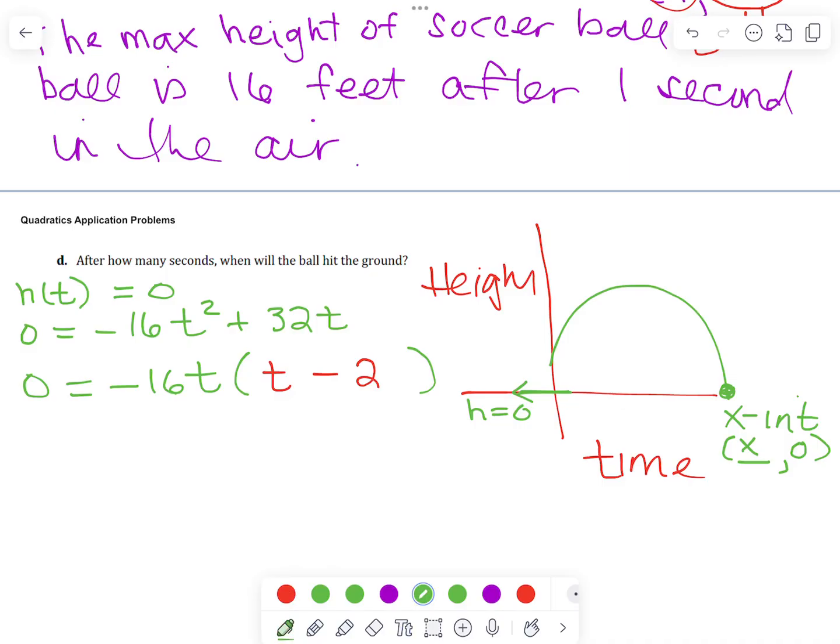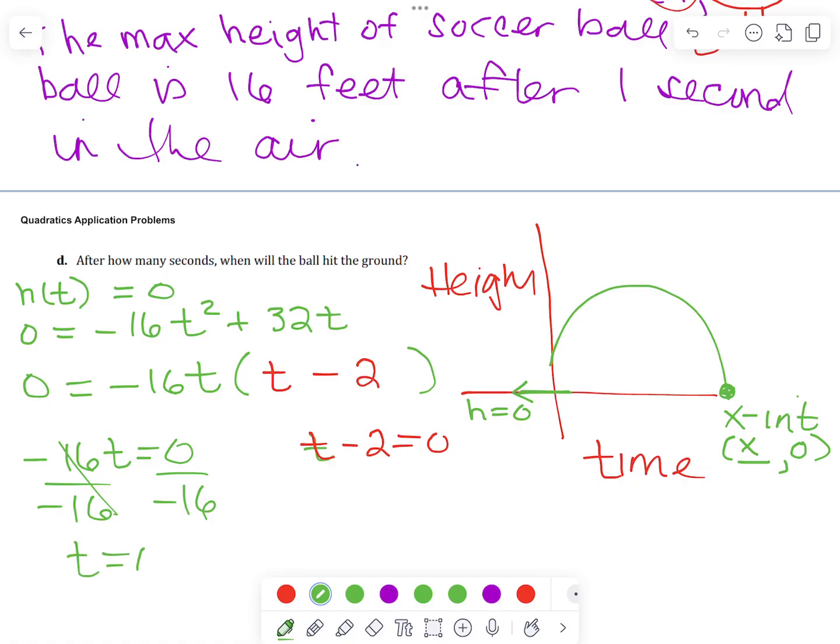We're going to set each factor equal to 0. So negative 16t equals 0, and then t minus 2 equals 0. And then we solve those for x, or in this case t. So I divide both sides by negative 16, and I get 0. So this represents right here 0, 0.